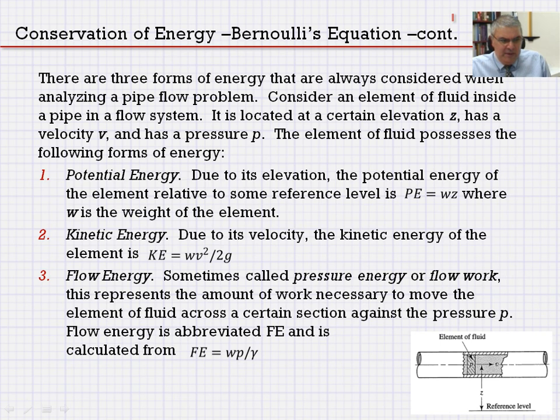Of course, there will be some resistance. Again, this resistance could be coming from different sources. We call that the pressure that is caused by the flow of a fluid, and we abbreviate that as FE, and that is Wp divided by gamma. I'm going to shortly look at all these energies separately and how we can actually combine them.